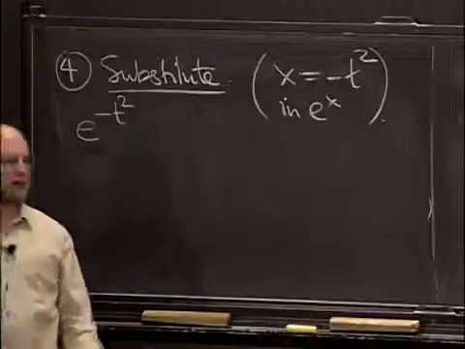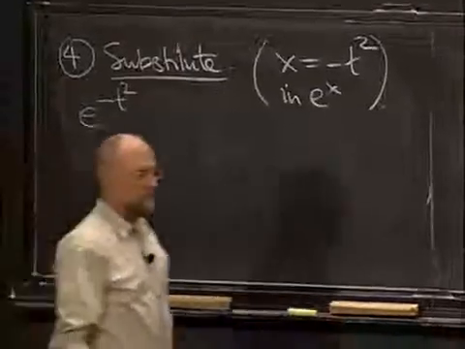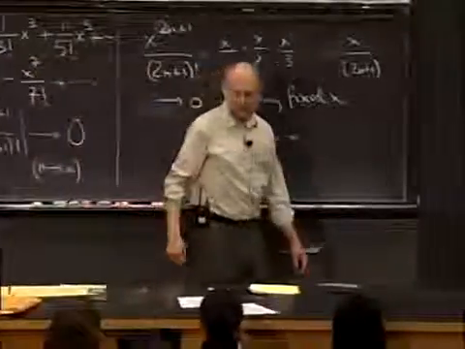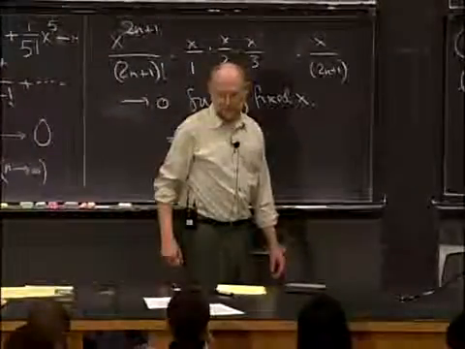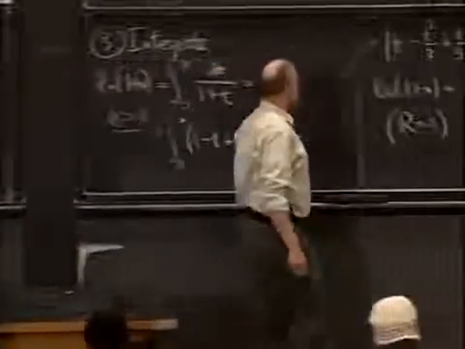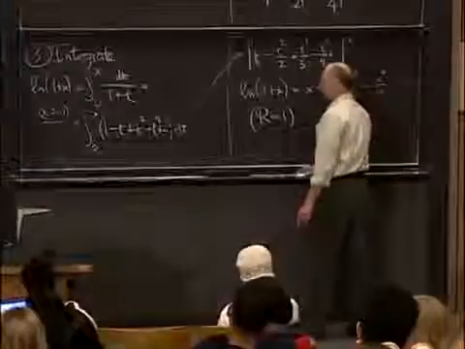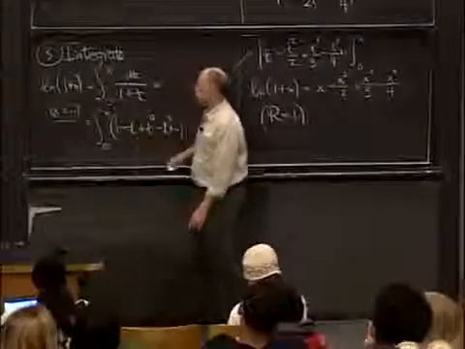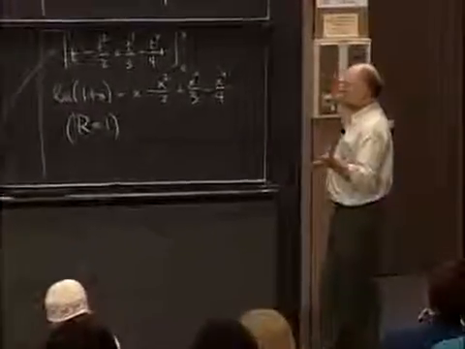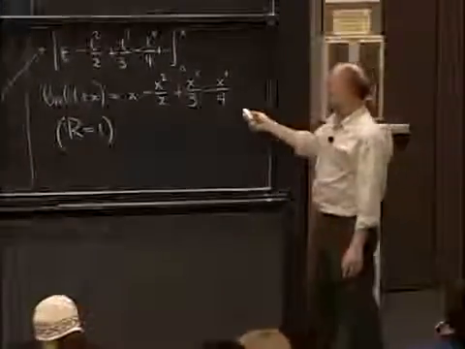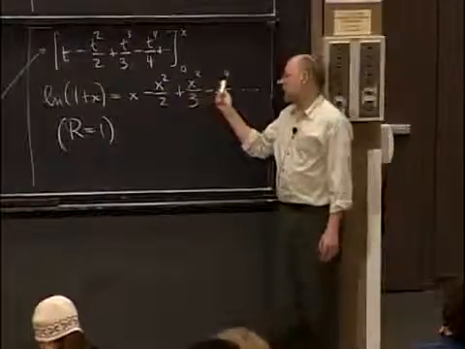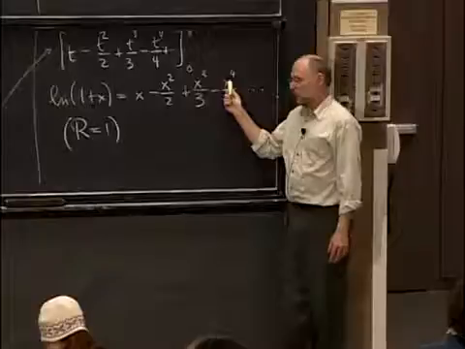Do you have a question? Yes, it was just concerning this radius of convergence. Can't you define x so that it's always positive? The worry is that this natural log of 1 plus x function is perfectly well behaved for large x. Why does the power series fail to converge for large x? Well, suppose that x is bigger than 1. Then here you get bigger and bigger powers of x, which will grow to infinity.